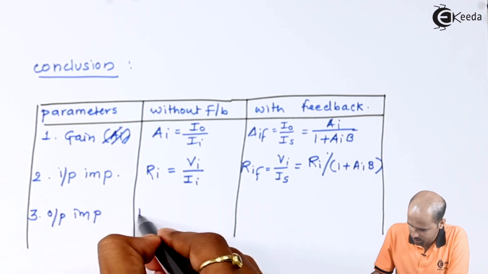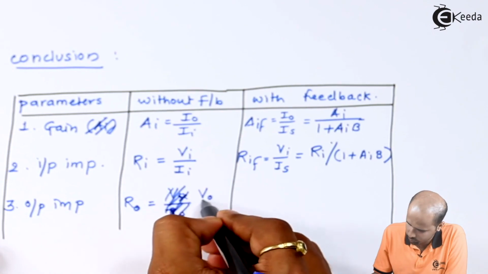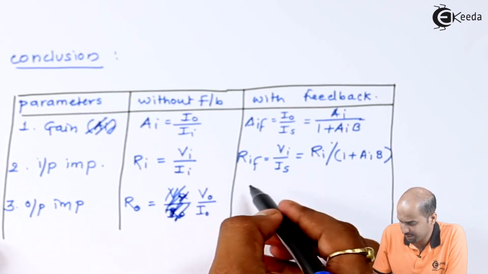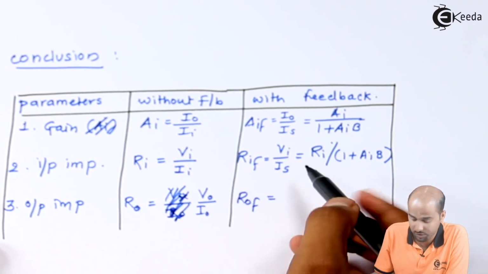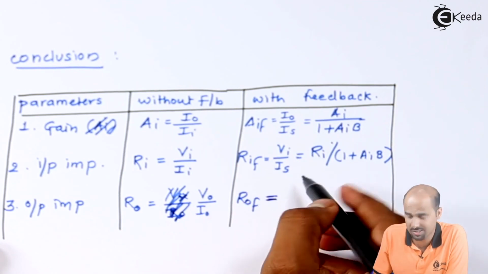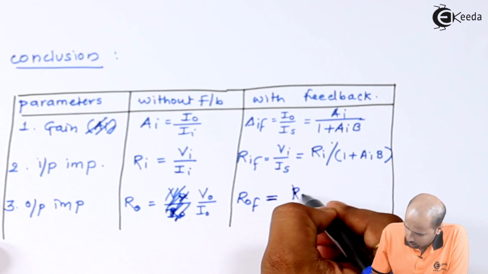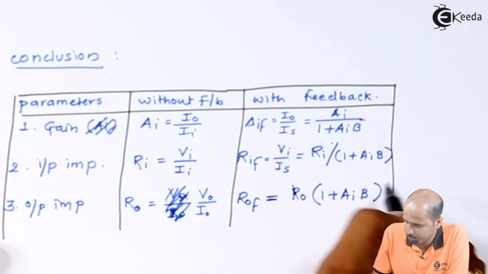Output impedance Ro is nothing but Vo divided by Io, and here we get Rof, with feedback, as Ro multiplied by 1 plus Ai into B.